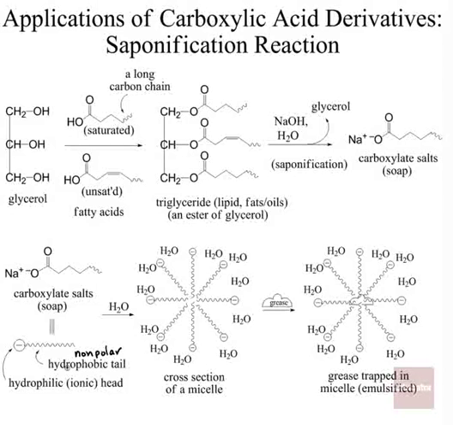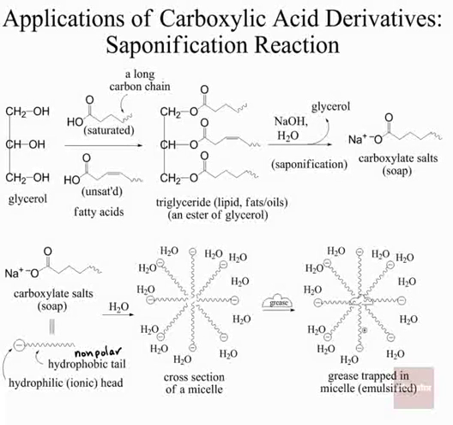So the grease works its way inside of this. We describe it as being emulsified when the grease kind of breaks up and gets trapped inside these micelles. And now when I wash my clothes with fresh water, these micelles get washed away and our grease gets washed away at the same time. So that's kind of how soaps work.